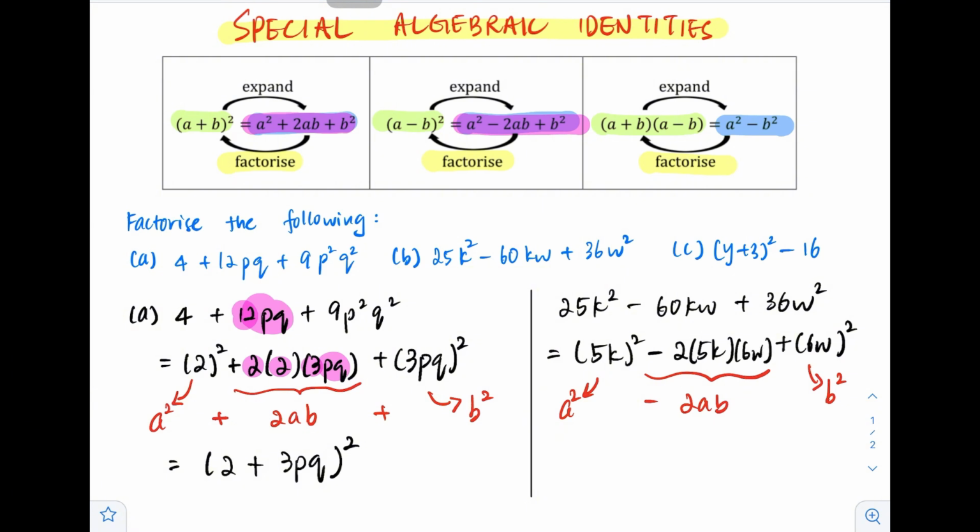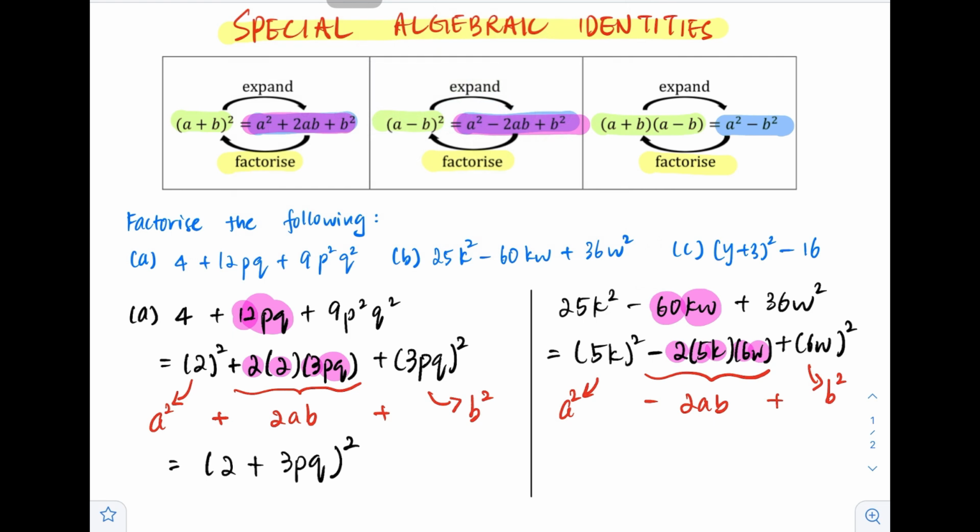So let's check that out. 2 times 5 gives 10. 10 times 6 gives us 60. Multiplied by k and w will give us our 60kw. So indeed, we have rewritten our algebraic expression as a squared minus 2ab plus b squared, where our a is 5k and our b is 6w.